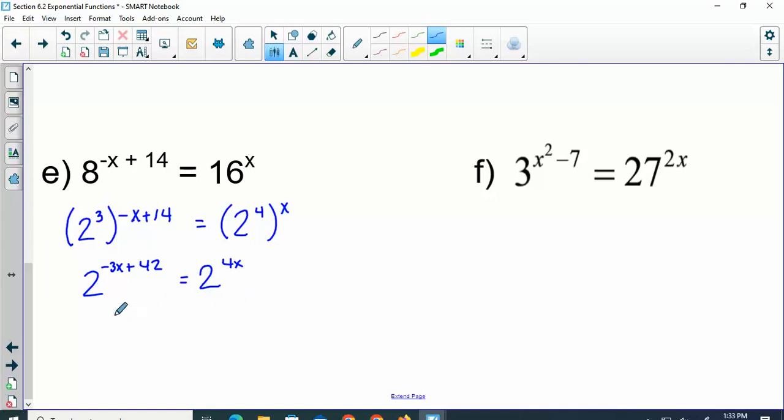Now we have the same base, so now we can set them equal to one another. If we add the 3x, divide by 7, and we get x equals 6.